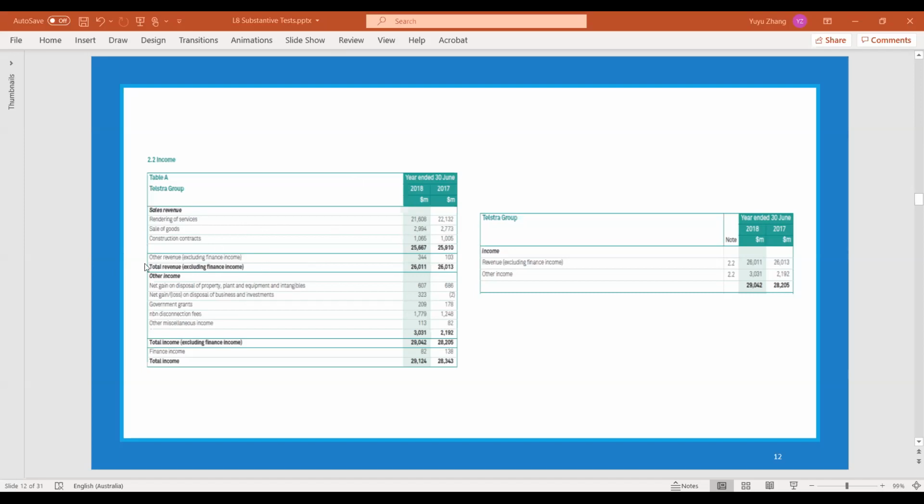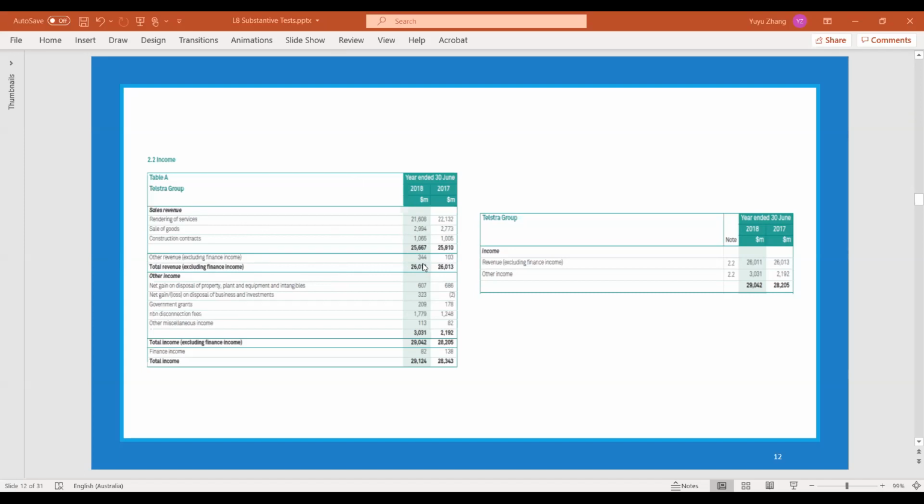Okay, and then what about the other revenue? So the other revenue, in 2017, they got $103 million. But in 2018, it has jumped to $3 million.